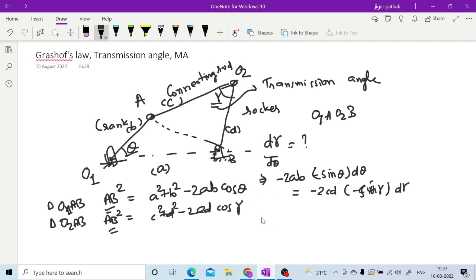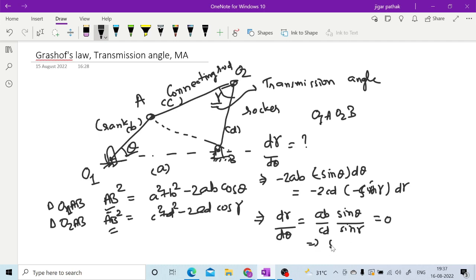Right? So now if you get that d gamma upon d theta from the above, it will be AB upon CD, sine theta upon sine gamma, equals 0.